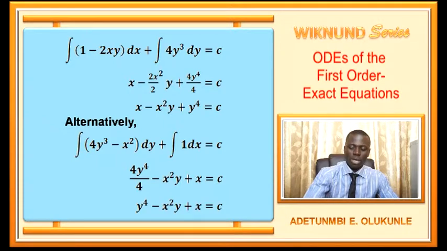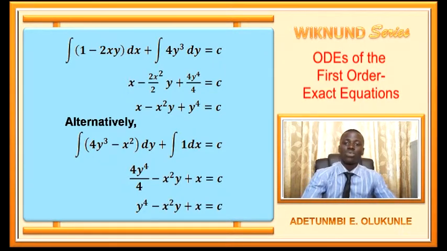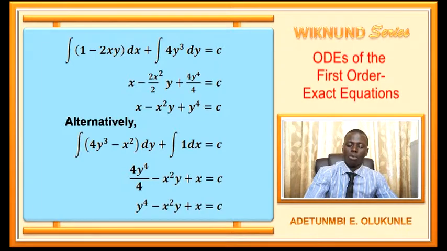We only have 1, so we integrate 1 with respect to x. Since the first one, which is the pivot function, is with respect to y, we're integrating with respect to y. The second one, the subordinate, will be integrated with respect to x. You equate the value to c. So when you integrate 4y cubed with respect to y, you have 4y to the power 4 on 4 minus x squared y, plus, when you integrate 1 with respect to x, you get x, equals c.